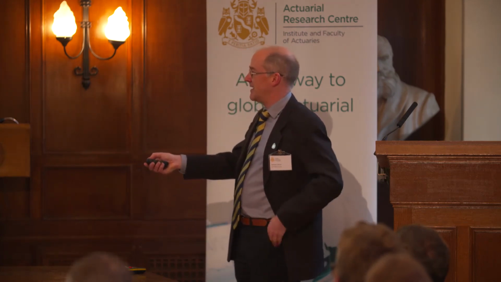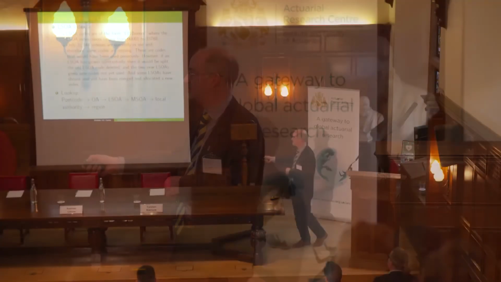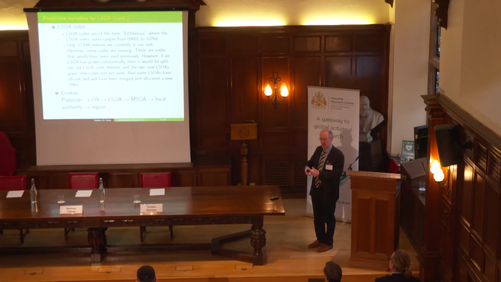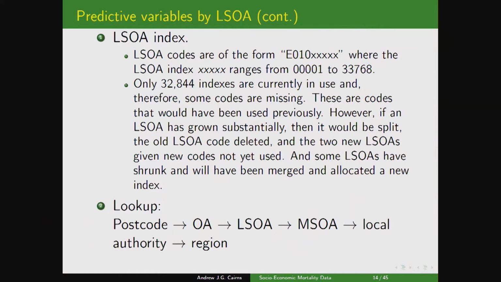And depending on what purposes you're thinking about, as actuaries, some of your data sets might have postcode information. So there's a lookup file where you can map the individual's postcode into an LSOA, and then you can also map into regions, for example.